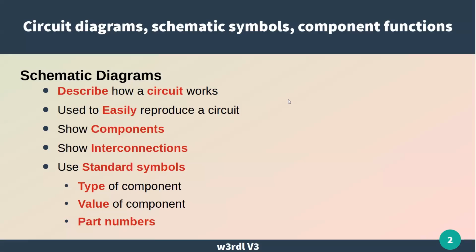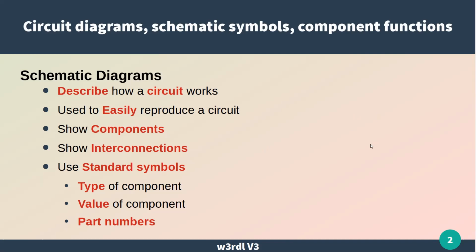So this is some more. We're going to talk about schematic diagrams now. We talked about a couple of the schematic symbols for diodes and transistors, and I think we did when we did resistors and capacitors. A schematic diagram is used to describe how a circuit works, basically the interconnection of all the components, and we use standard symbols to represent components.